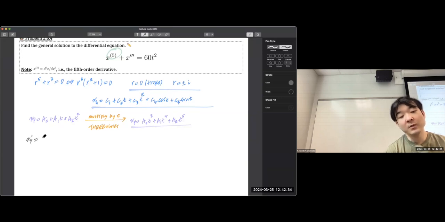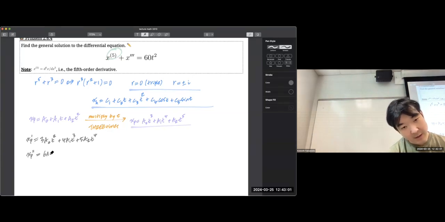You'll have to build the particular solution, and we'll have to take the derivative 5 times. So xp prime is going to be 3a0 t squared plus 4a1 t to the third plus 5a2 t to the fourth. That's just taking the derivative. Then you take another derivative because you've got to go up to 5. So it's going to be 6a0 t plus 12a1 t squared plus 20a2 t cubed.